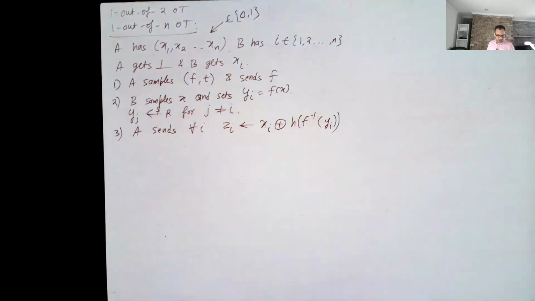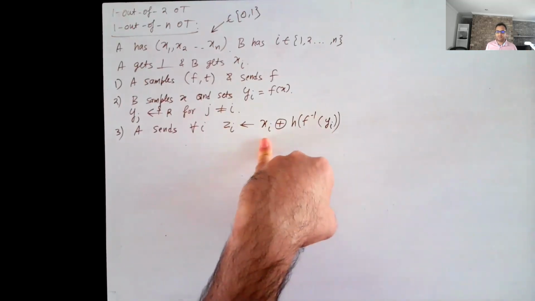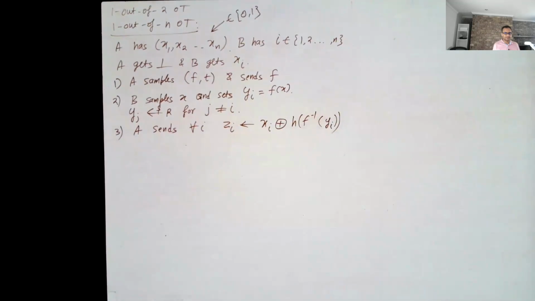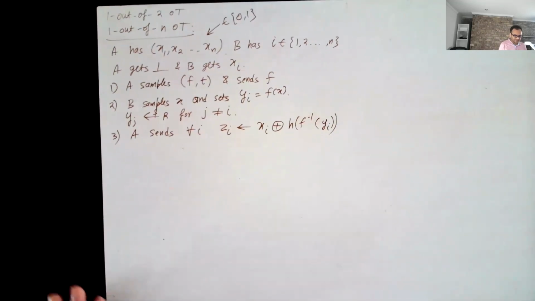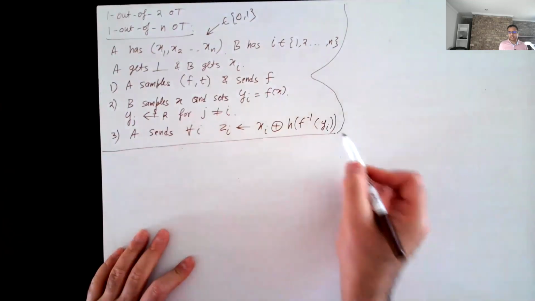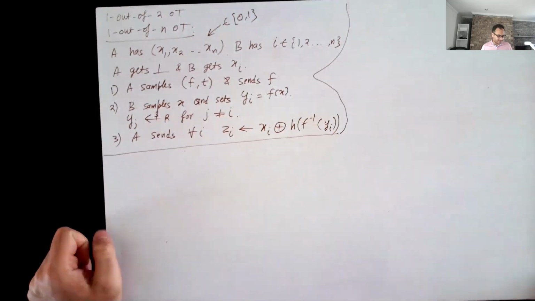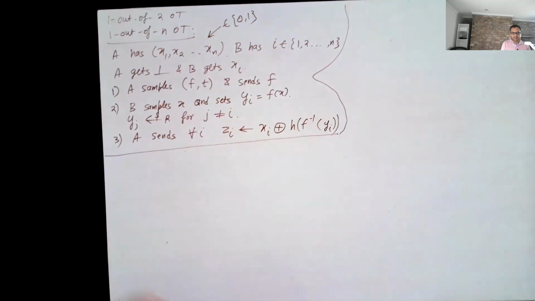Okay, so if you know the preimage of yi, you can recover xi. And B only has one of the preimages, so B only learns one of the bits. The remaining n minus 1 bits are hidden in some sense.